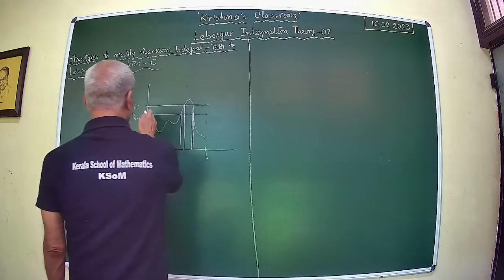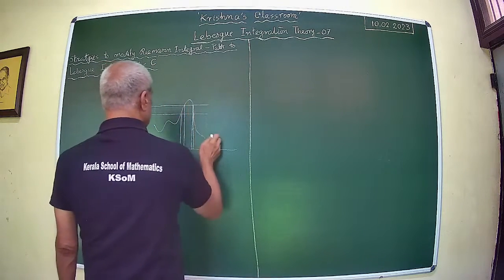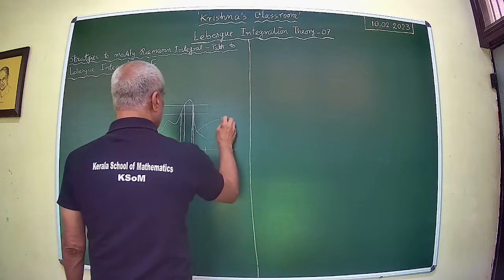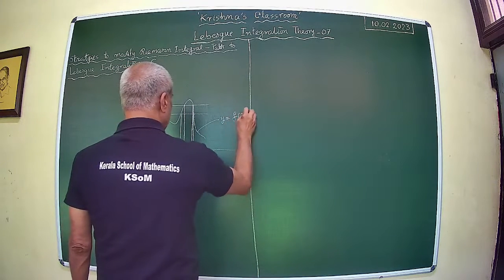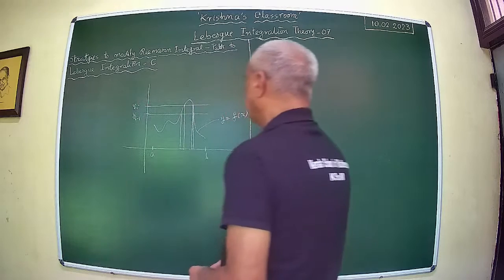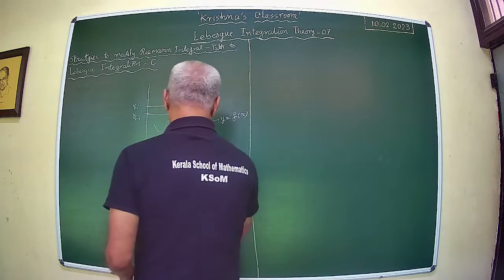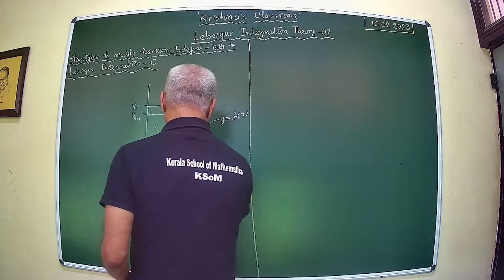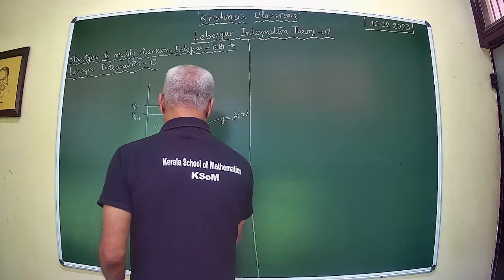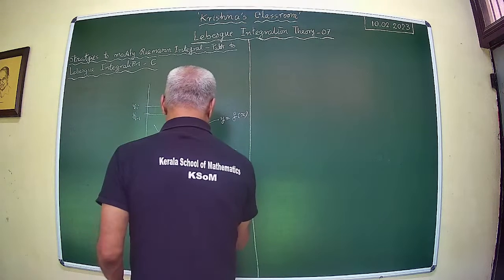So the pullback under f, so this is the function, and we are working on what is called the pullback of this. This is f inverse of [y_{i-1}, y_i].